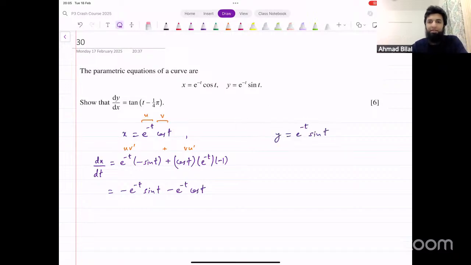Now, this is y in terms of t. Let's find dy over dt from this and see what that is. Again, we have to use product rule, right? We can say this is u and this is v. And again, the derivative is going to be uv dash plus vu dash.